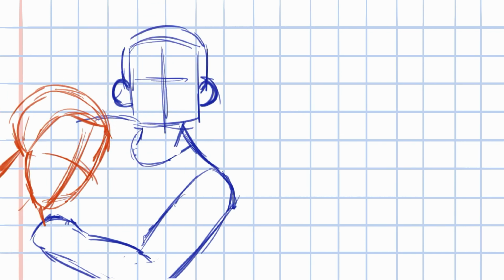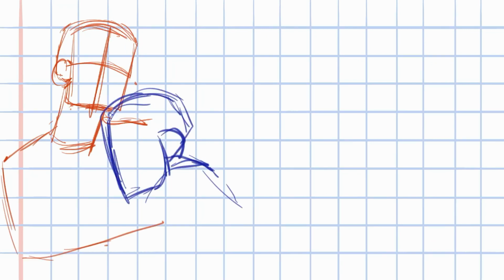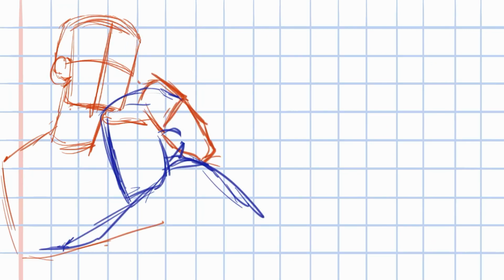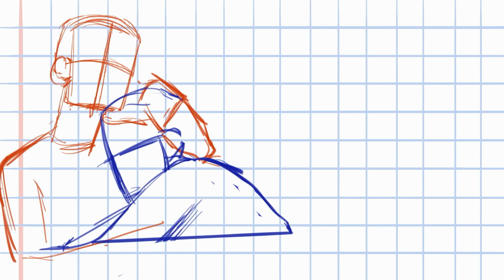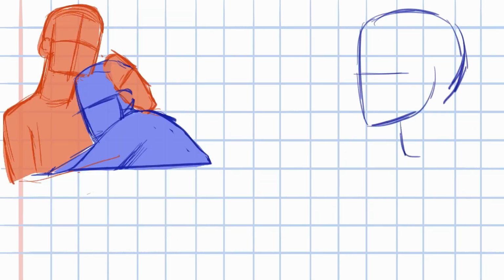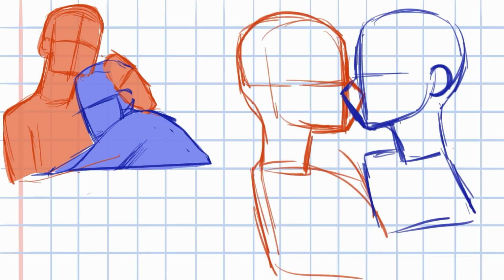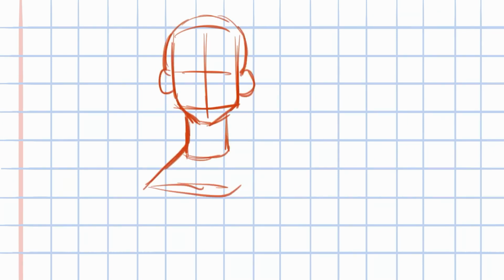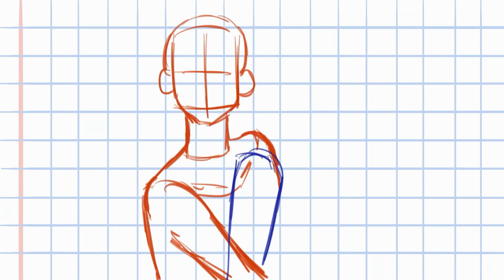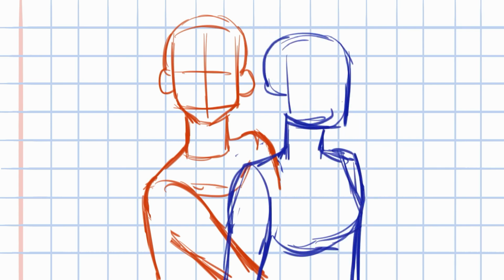There's other poses that get a bit harder when it comes to the way the body's laying down and whether or not I'm inexperienced with that or whether or not anybody's inexperienced with that. But overall, just starting off with these busts is a great way to get started, to do overlap in this minor way. And I think when you're getting to this stage, you really want to make sure that you know how to draw bodies in these situations, because it's going to make it even harder for you to try to draw these poses.